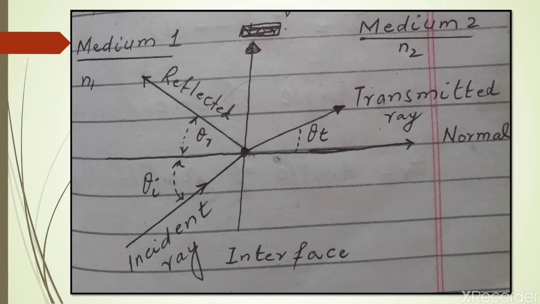The direction of the transmitted ray in medium number 2 is different from the direction of the incident ray in medium number 1. The angle of the transmitted ray with respect to the normal is represented by theta t, which is the angle of transmission.